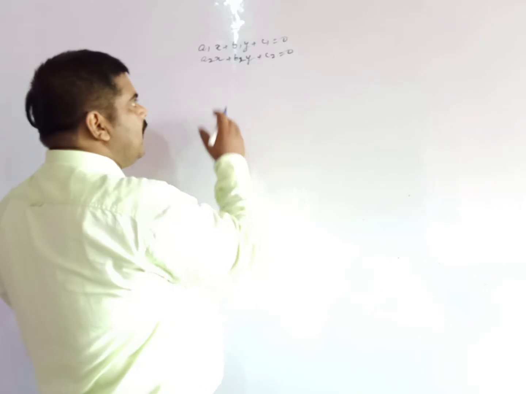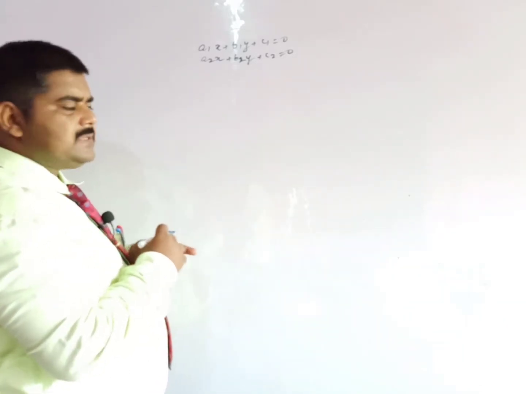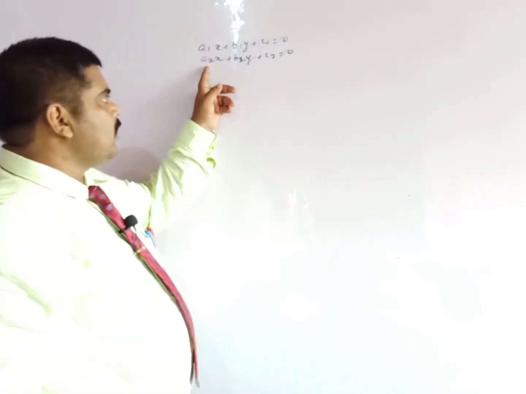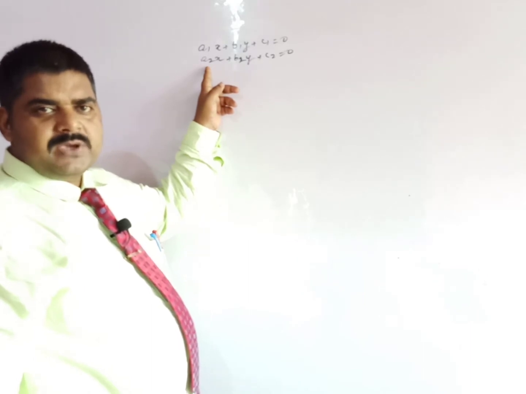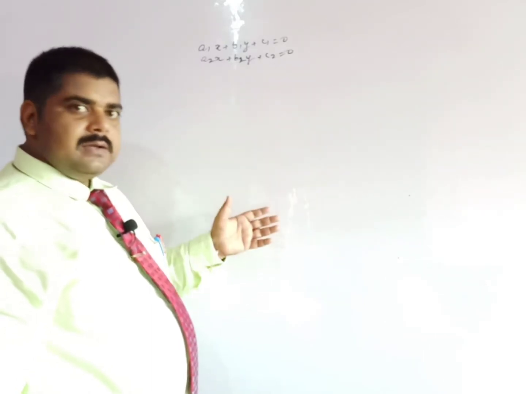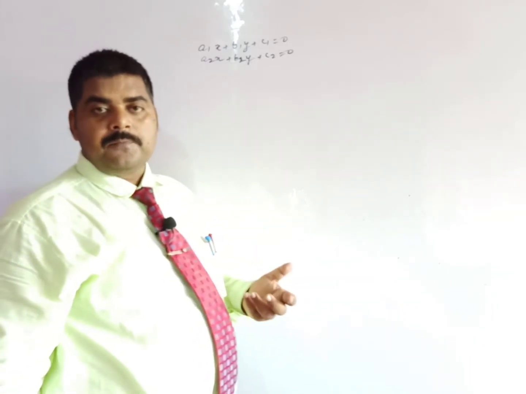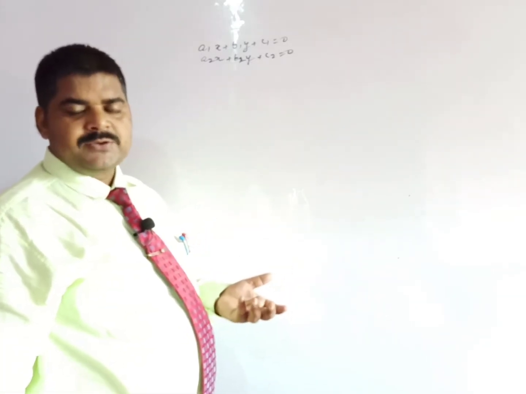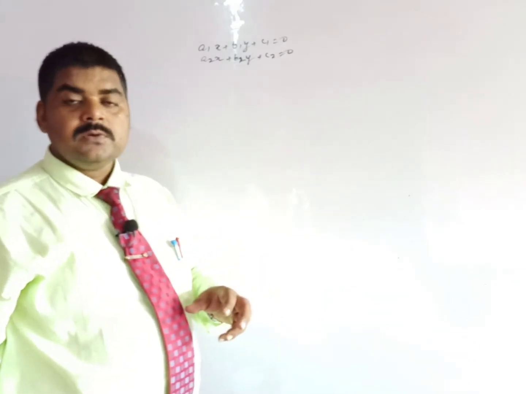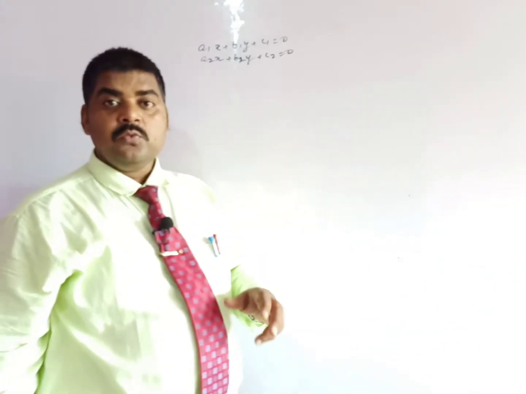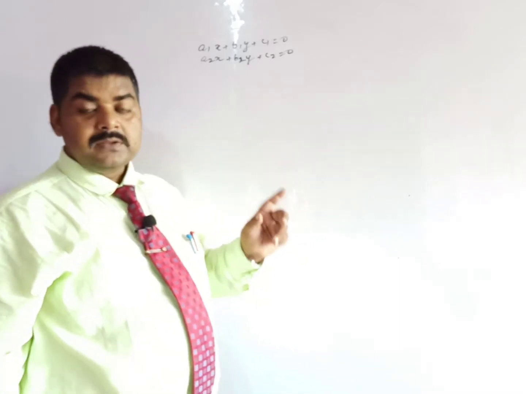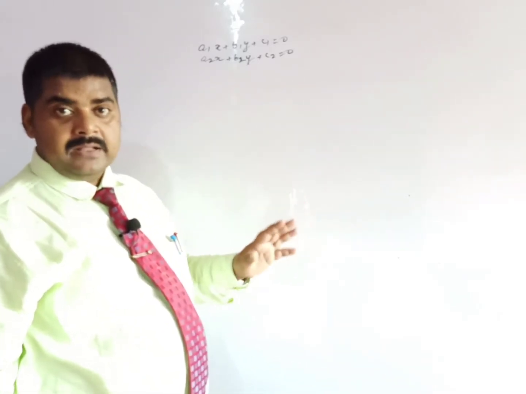Here, on the basis of the relation between the coefficients, you can find out the nature of the solution of the linear equations, and there is a relation between the values of the linear equations and the coefficients of their variables.